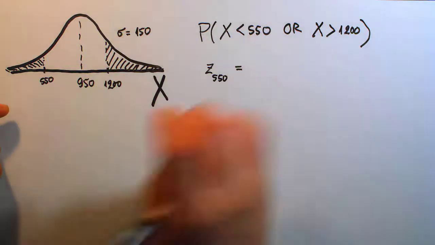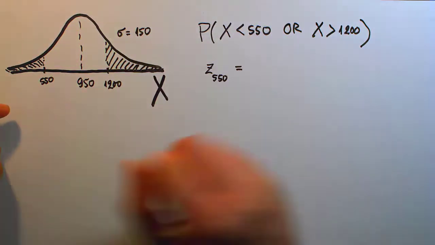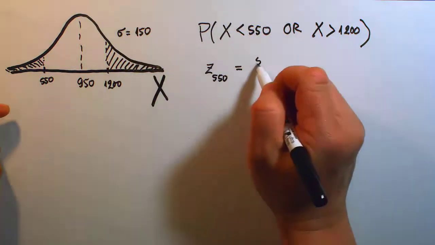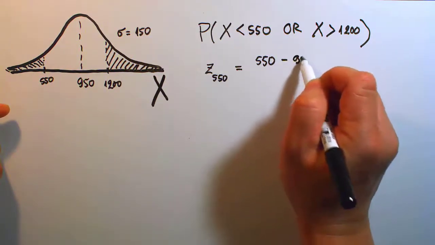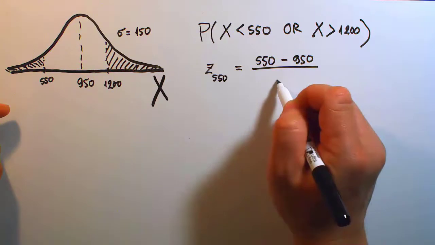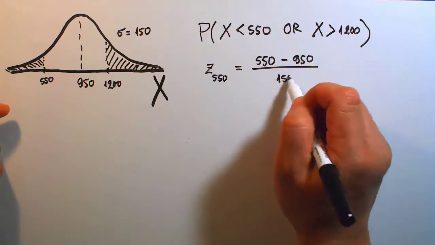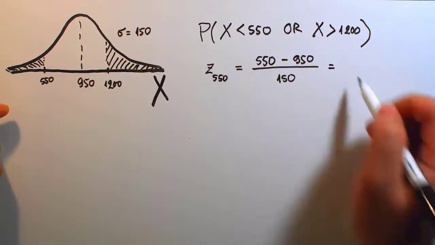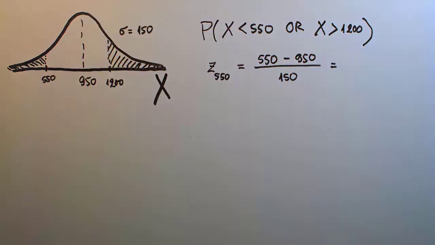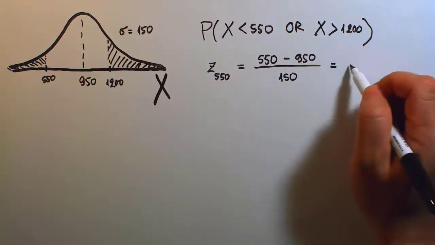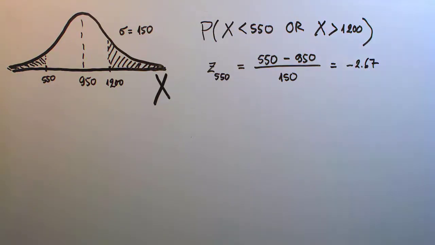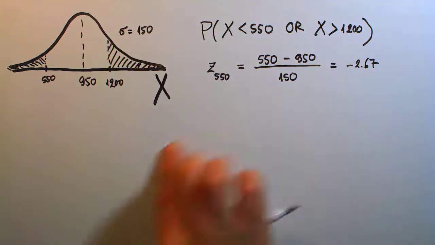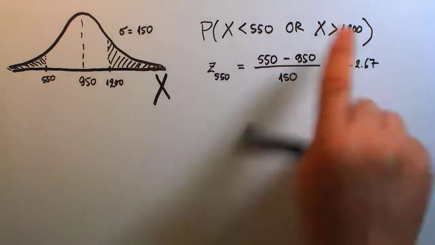So on this bell curve where center or mean is at 950, we take the value 550, subtract 950 and divide by the standard deviation, 150. Calculation comes out to be negative 2.67.